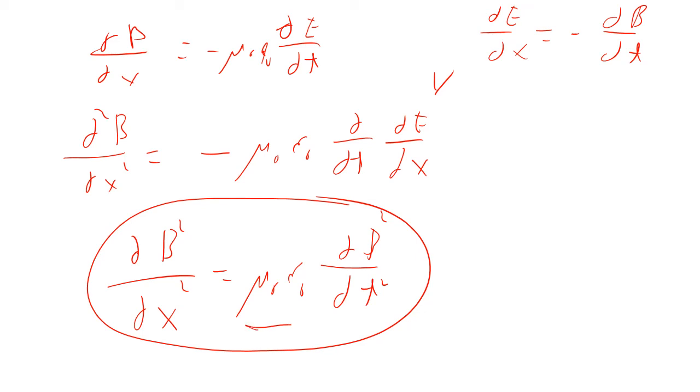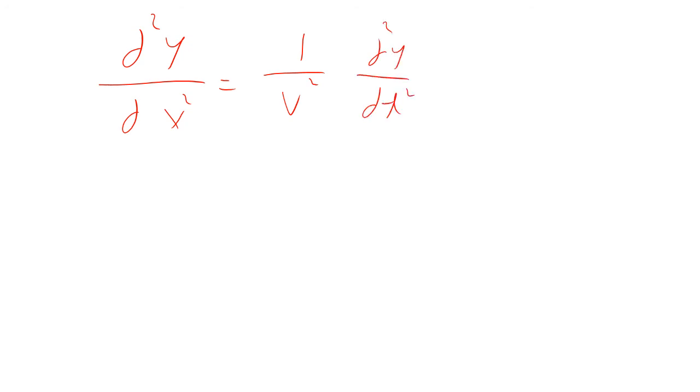Now remember from physics 1, the second derivative of y with respect to x squared was equal to minus 1 over v squared times the second derivative of y with respect to time squared. This defined a wave equation. It meant that y was some y naught sine omega t plus or minus kx. So this defined a wave, and the speed of the wave was that.